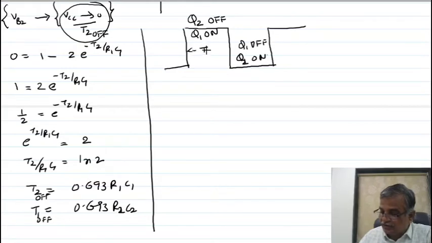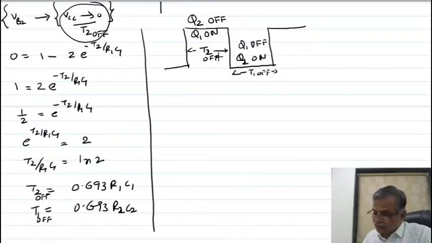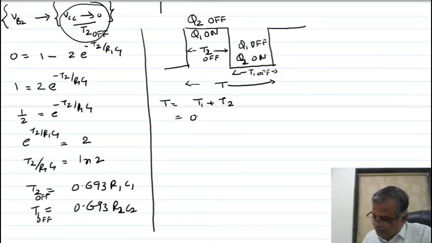This is your T1 off and this is your T2 off. So this is your total time T. From this I can write T is equal to T1 plus T2, so 0.693 into R1C1 plus R2C2.